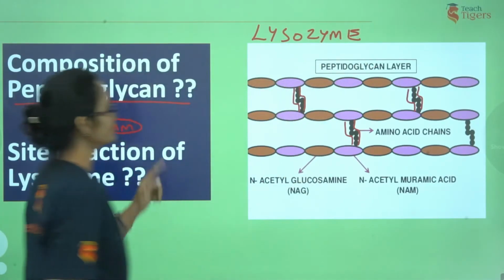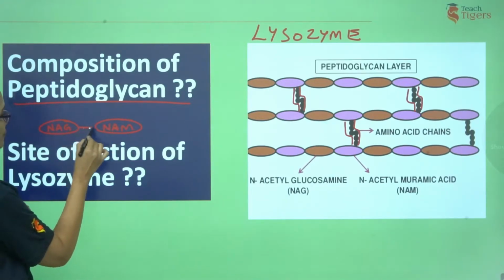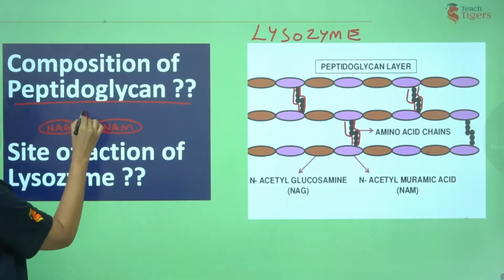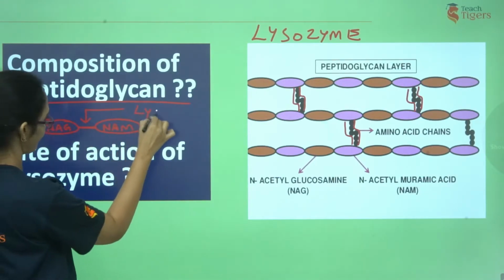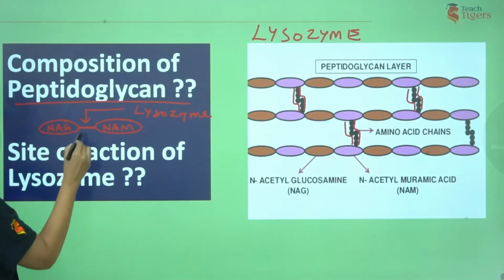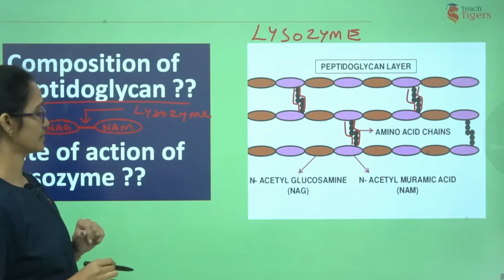Now what is the site of action of lysozyme? Lysozyme can essentially cleave the glycosidic bond. This is the site of action of lysozyme. Lysozyme is going to cleave the glycosidic bond that is present between these two sugars, right?